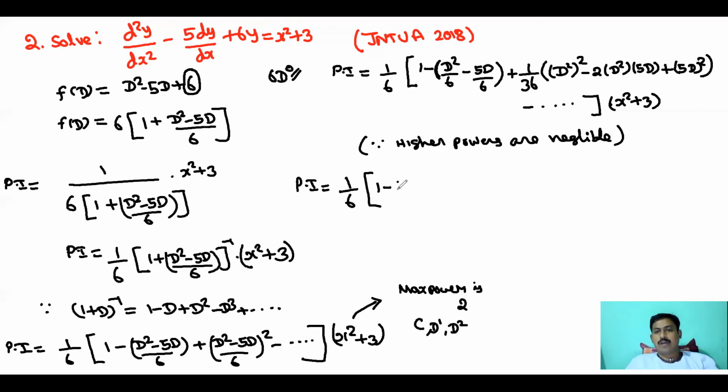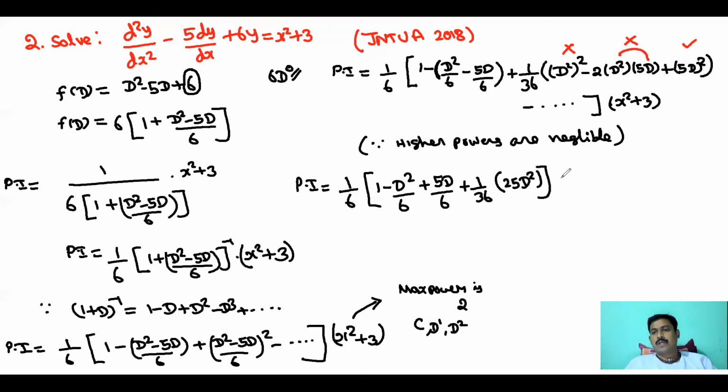So here it is minus D square by 6, minus of minus plus 5D by 6. The next one, this power is 4, so it won't come. Similarly D square into D cube also won't come. Here D square will come. Therefore here 1 by 36 into 25 D square, into x square plus 3.